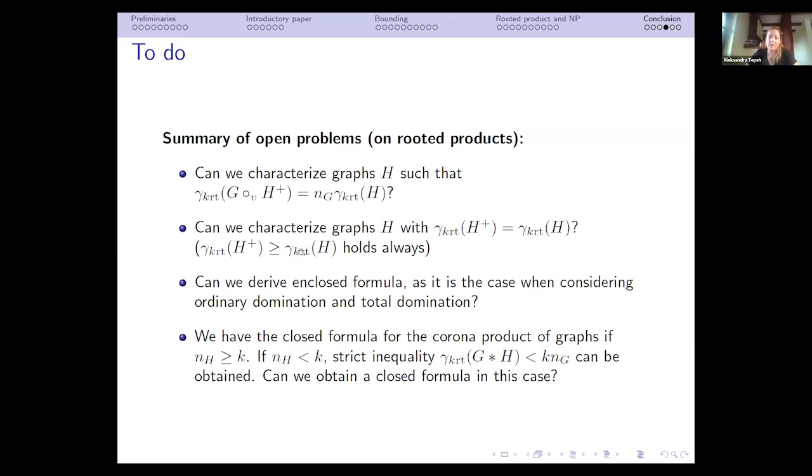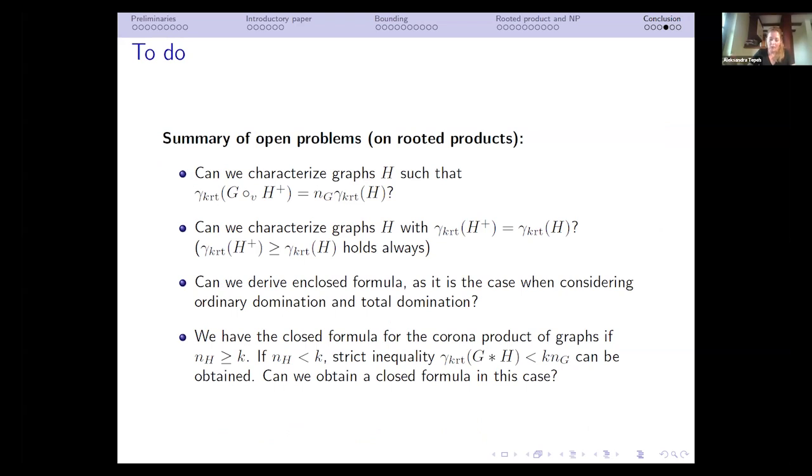And another thing is, we obtained bounds for the rooted product, and for ordinary domination and total domination, in the case of rooted products, closed formulas exist, yeah?